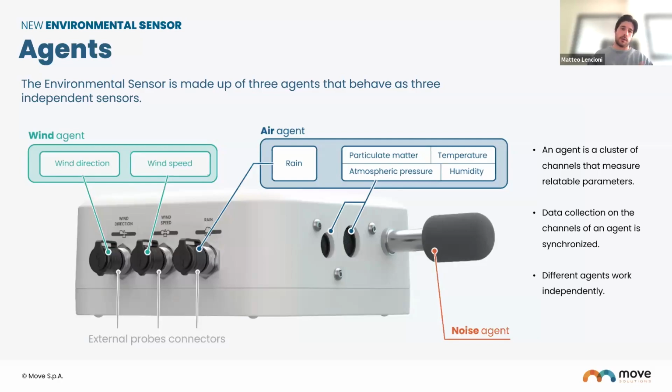What you have is basically 3 different sensors in one, and these 3 agents can communicate with the servers in a completely independent way. Data collection is synchronized within the agent. So that's also interesting: within an agent, everything is synchronized, but between different agents, you can have them working in completely different ways.